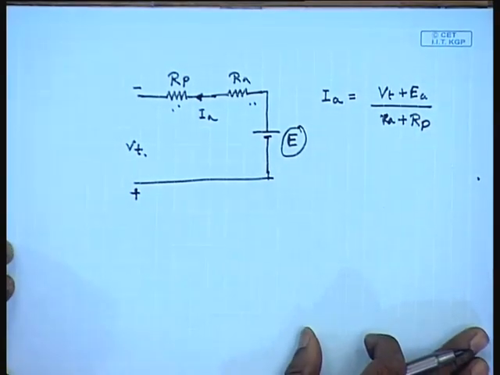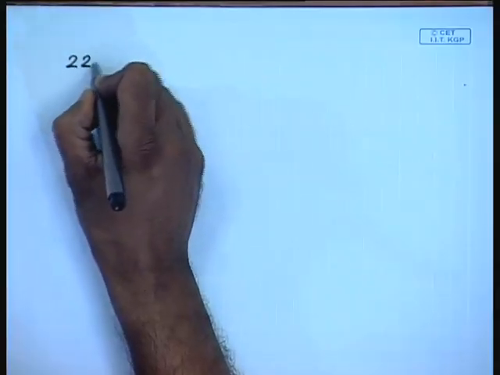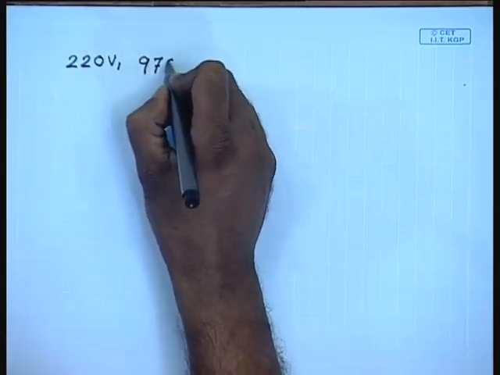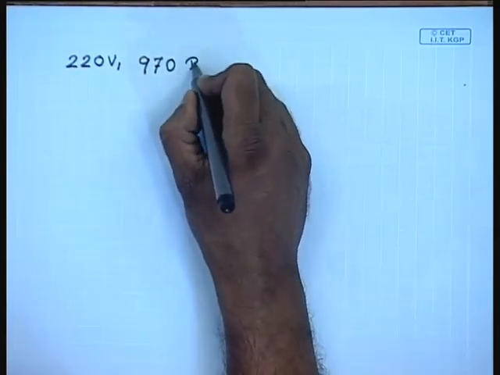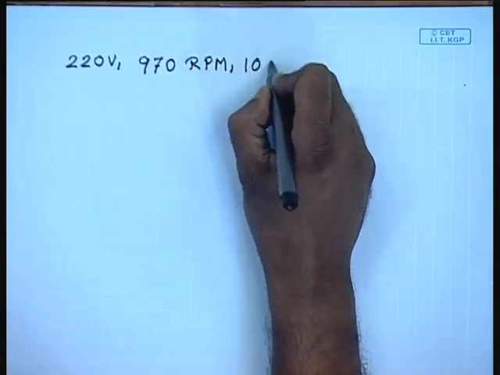Let us try to get an idea of the kind of power loss that is involved by solving a small problem. For that, let us assume that we have a DC shunt motor, rating is 220 volts, 970 RPM, 100 amperes.